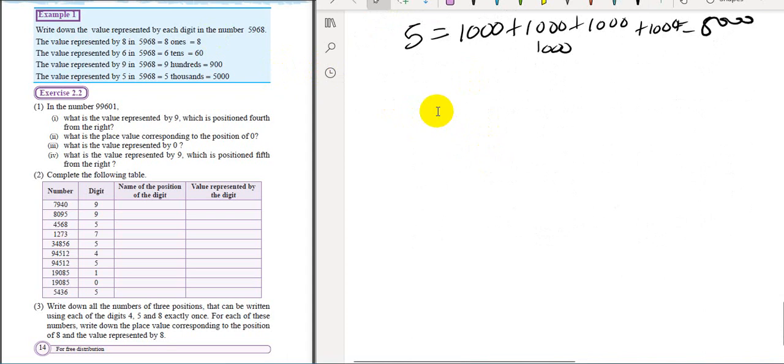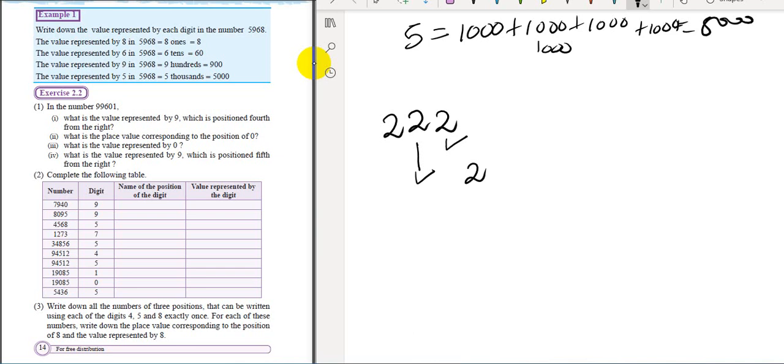When we change the position of a digit, the value of the digit will change. For an example, here I am giving 222. What is the value of this 2? This is in ones, so there are two ones, so this is 2. What about the next 2?